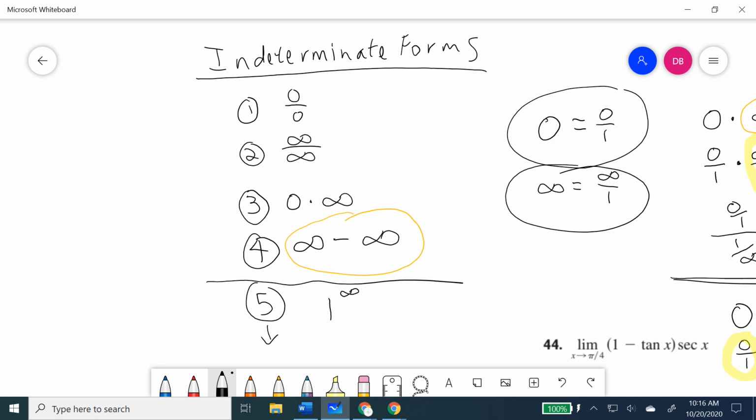Do you believe me that 1 to the infinity is not necessarily 1? Here's what I'm not saying. Keep in mind, when I'm talking about these forms, I'm not saying we are getting 0 or we are getting infinity. We are heading to that. So when I say 1 to the infinity power and I say that that is an indeterminate form, I'm not saying that the base is the number 1.